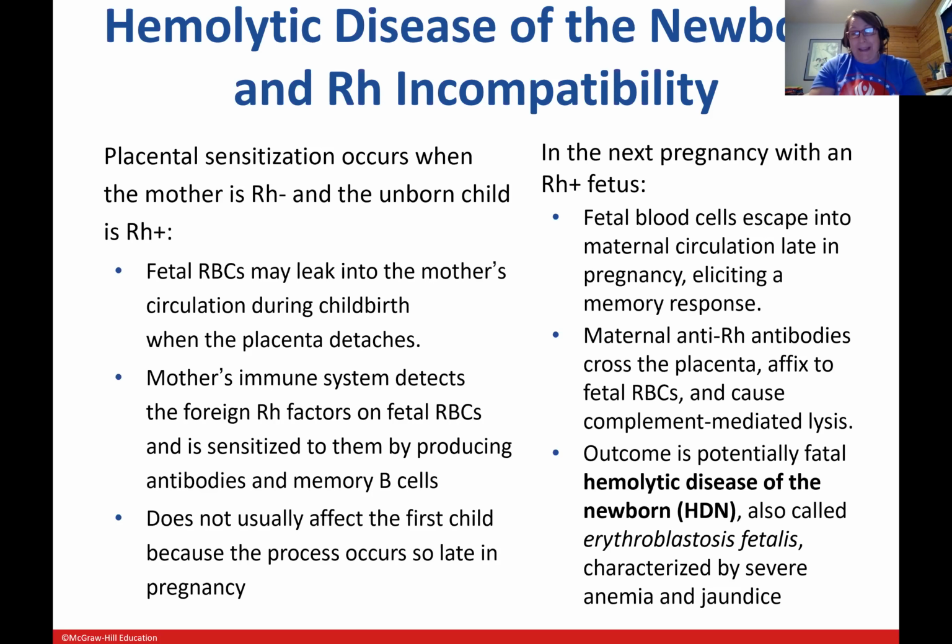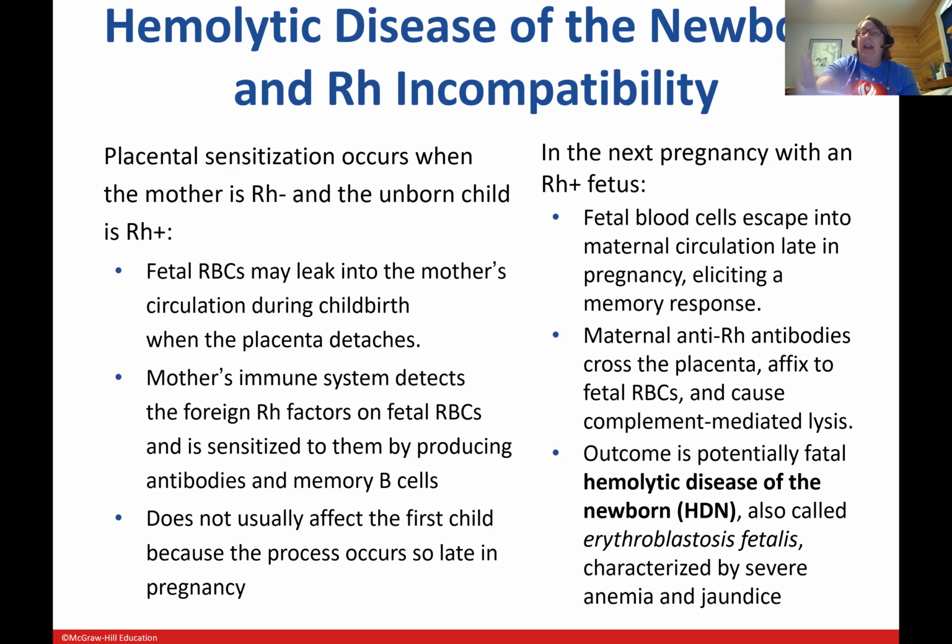However, that next pregnancy with an Rh positive fetus, the minute the fetal blood cell escapes and is recognized by the mom's immune system, it's going to have that secondary response. So you're going to have a really big response and a really fast response. And oftentimes it happens earlier in the pregnancy. So those maternal anti-Rh antibodies are generally IgG type, and remember that's the kind that will actually cross the placenta.